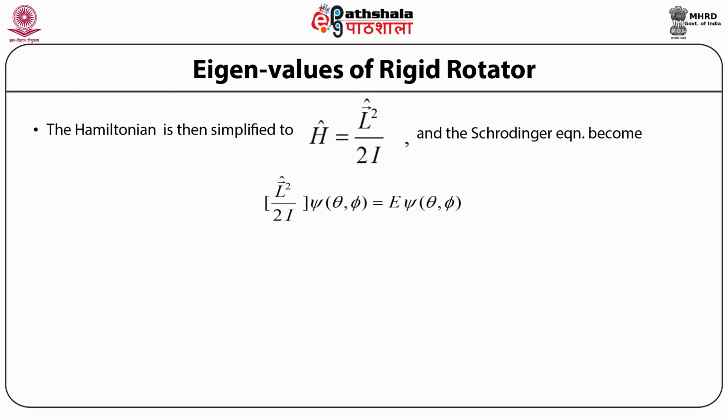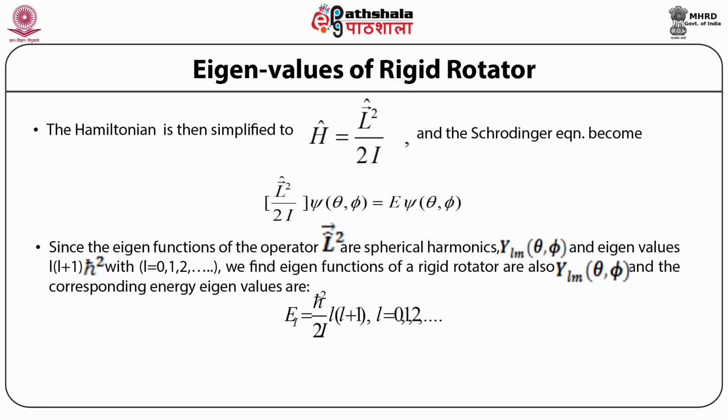Here the eigenfunctions of the operator L square are spherical harmonics Y_Lm theta phi, and the eigenvalues are given as L into L plus 1 h cross square, with L taking values 0, 1, 2 and so on.